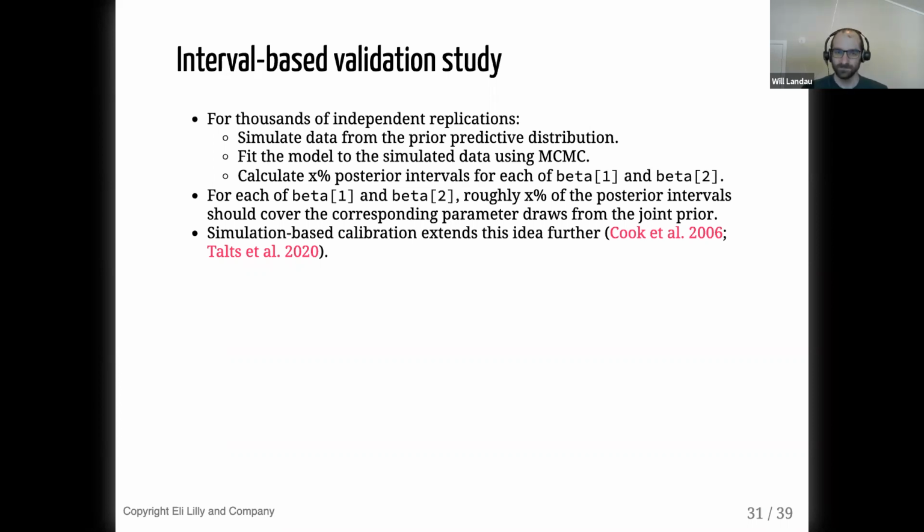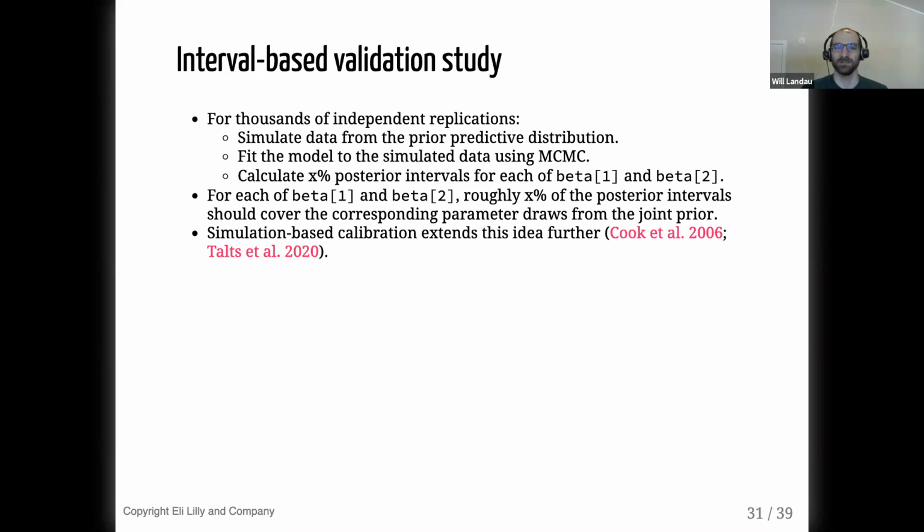And then we look at what's called coverage. So how often does this posterior interval, which is like a confidence interval, capture the true value of each parameter, beta 1 and beta 2, that was used in these prior predictive simulations? So we know the truth in each simulation, and we expect X% of the time for the model to recover that truth when it analyzes the data.